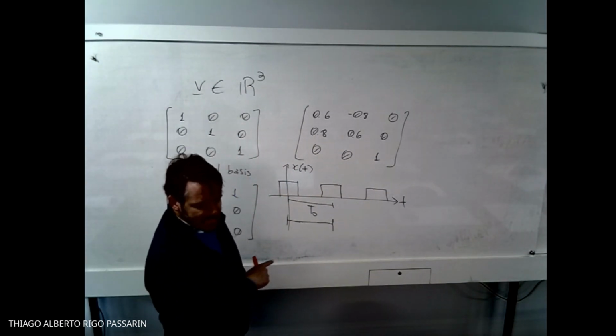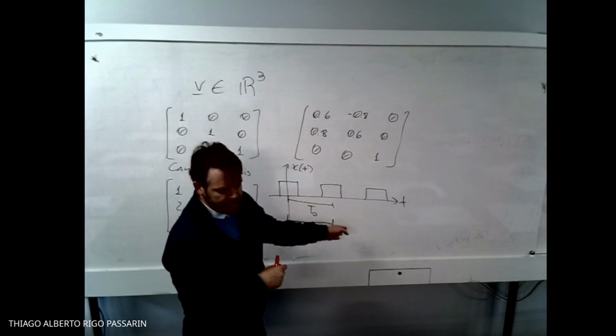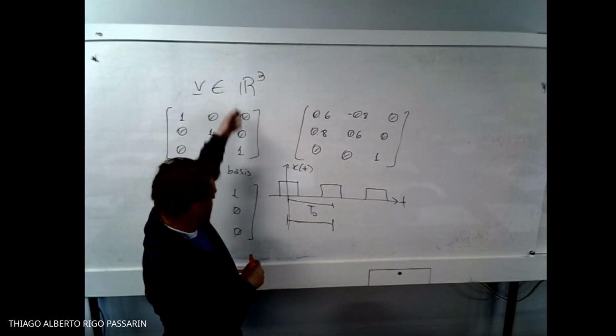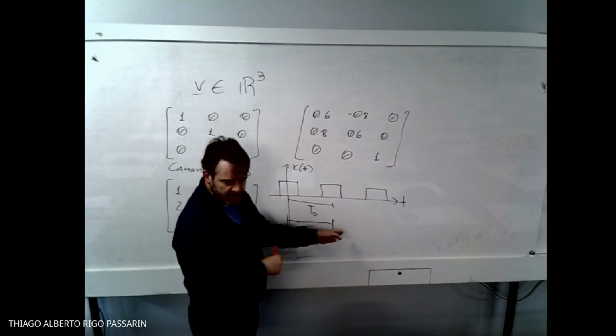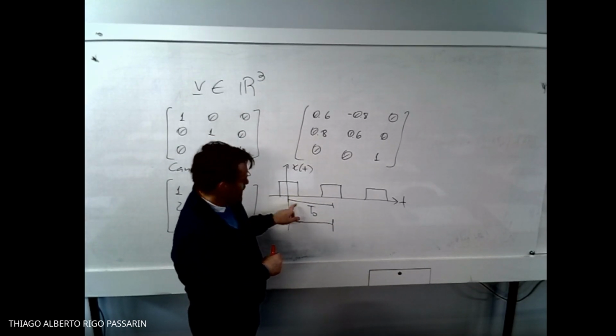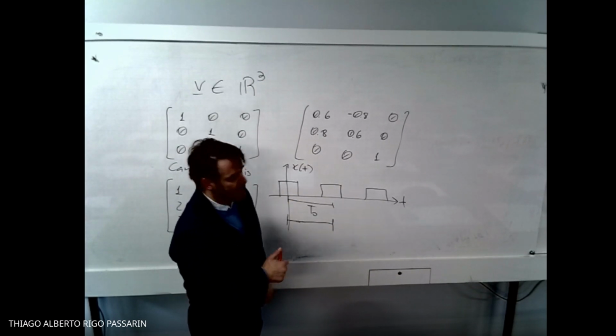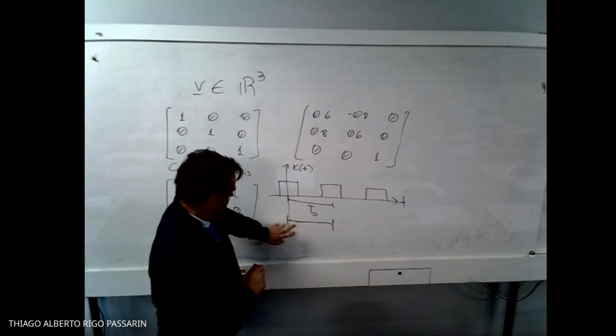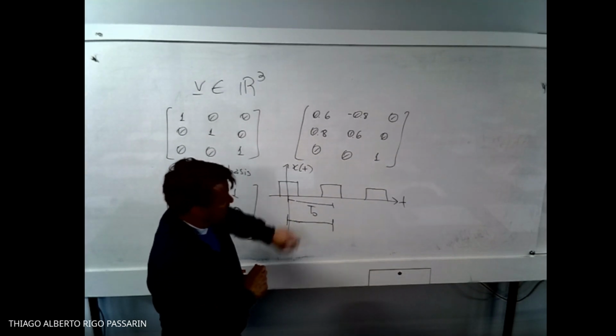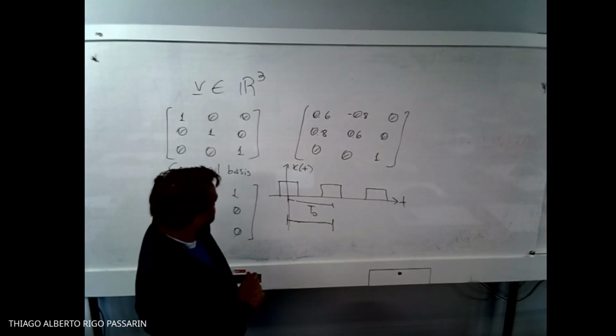When we treat discrete signals, the entries will be finite. Just like here we have 3 entries, we will have a finite number of entries for discrete signals, but an infinite number of entries for continuous ones. Finite for discrete, infinite for continuous.